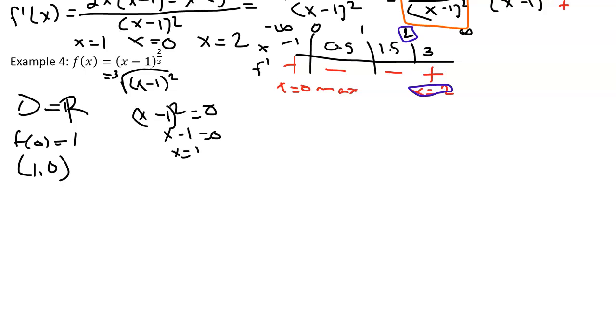Next step is to evaluate the limits as x approaches infinity of this function. So we've got our limit as x approaches positive infinity, and I am going to rewrite this as the cube root of x minus 1 quantity squared, and I'm going to rewrite it one more time.